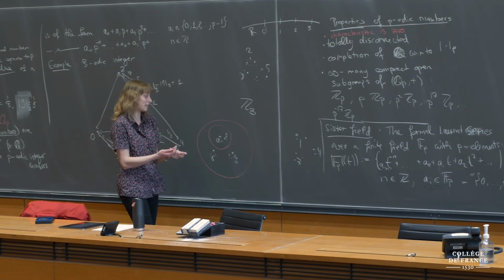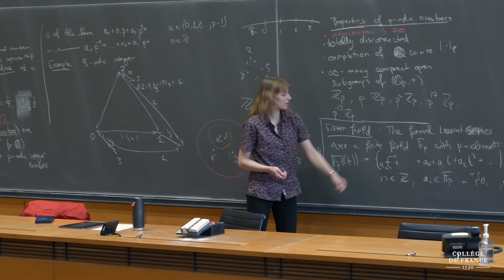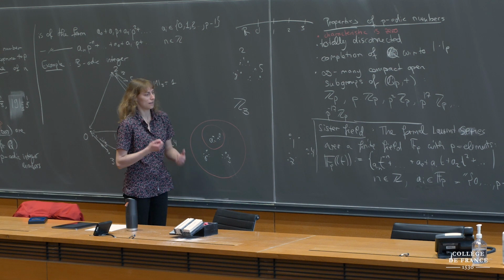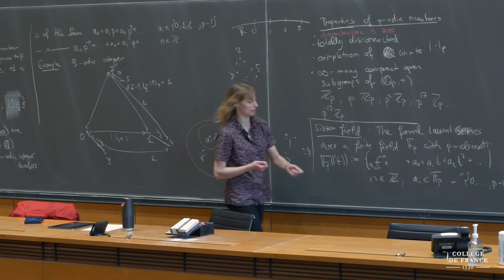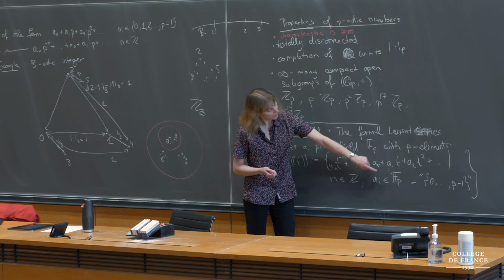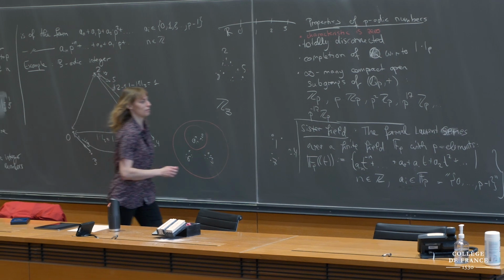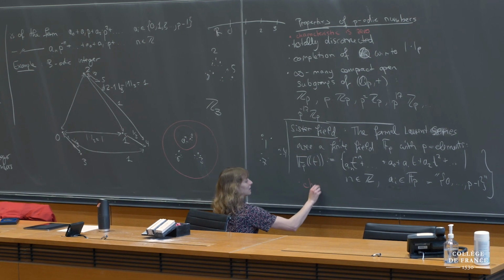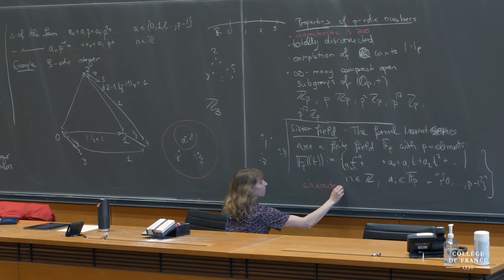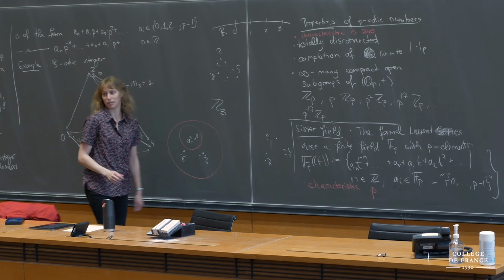In particular, p is different from 0. However, in the sister field, the formal series over a finite field, the number p is actually equal to 0, because p is equal to 0 in this finite field. So p occurs as this a_0 and is the same as 0. So the sister field of formal series here has characteristic p, because p is equal to 0.